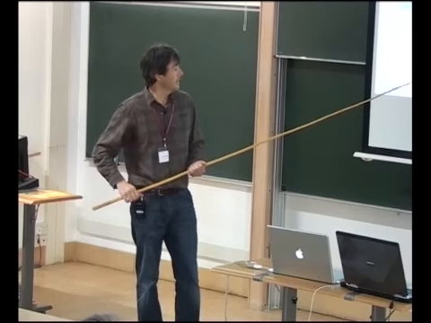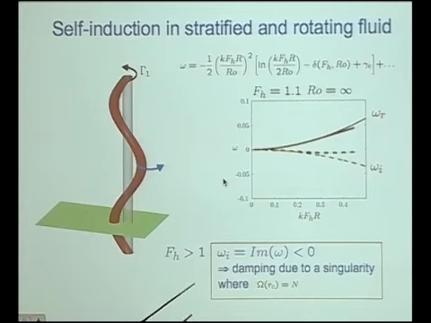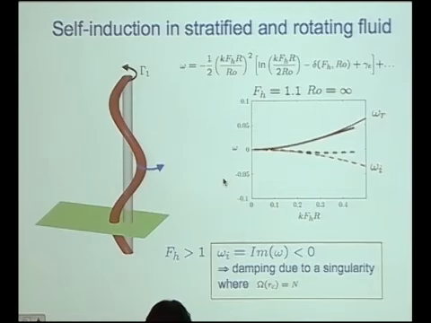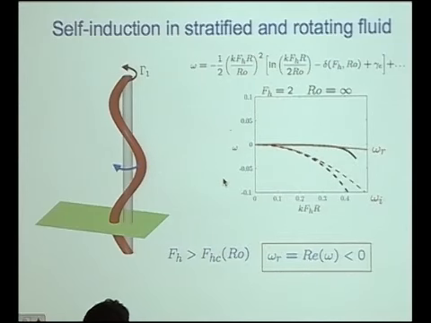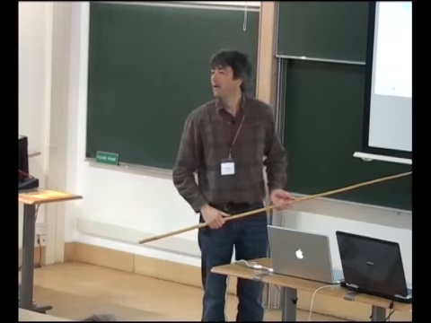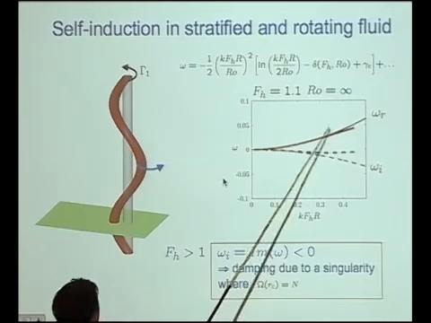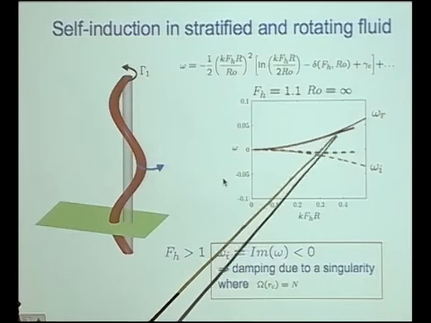This is due to a critical layer inside the vortex, which occurs at the radius where the angular velocity of the vortex is equal to the Brunt-Väisälä frequency. And so this critical layer damps the bending deformation.